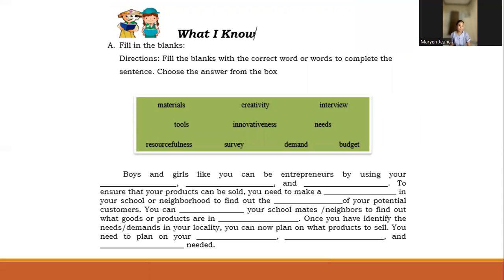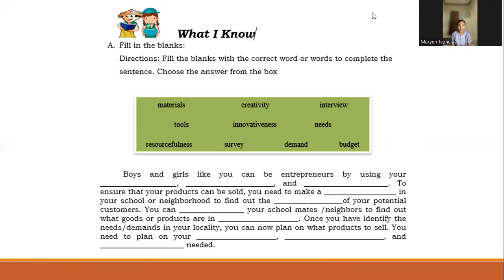First, in your module, we have the What I Know. In the What I Know activity, you have fill in the blanks. The direction is telling you to fill the blanks with the correct word or words to complete the sentence.